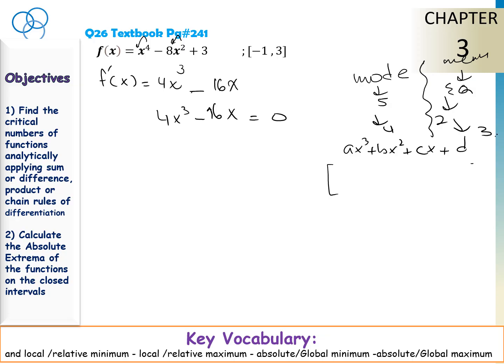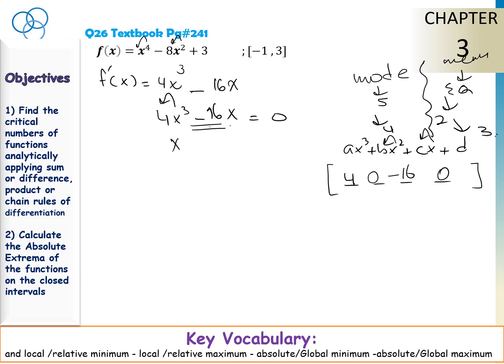Now in the question, you will have 4 places on the screen. The coefficient of x cubed is 4. Then the coefficient of x squared: look at this one, there is no x squared, so 0. The coefficient of x is negative 16, and the constant you don't have, so just write 0.